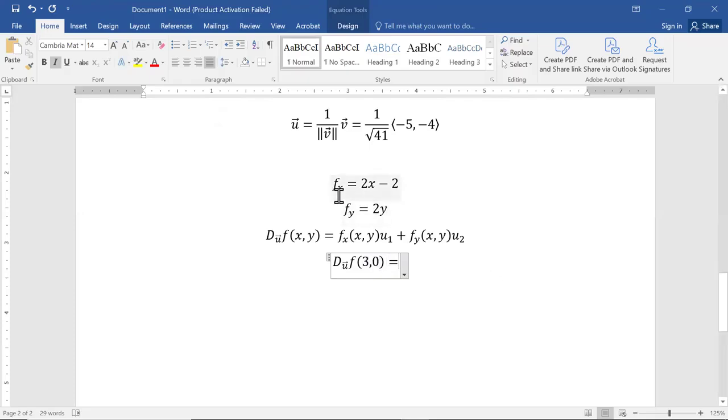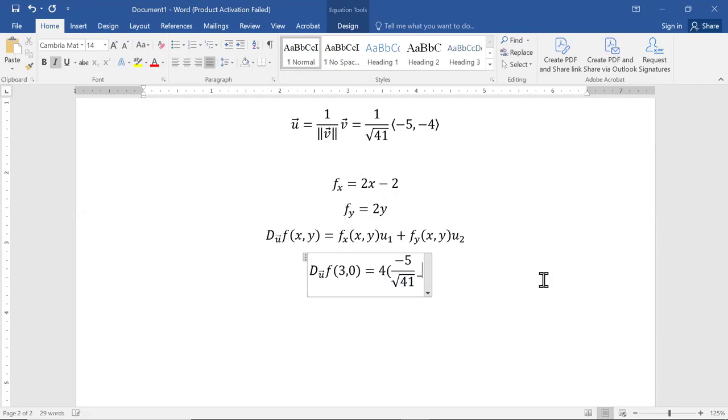Well, f sub x, when I plug in 3, I get 2 times 3 minus 2. That gives me a 4. So f sub x at (3, 0) gives me 4. u1 is -5 over the square root of 41.